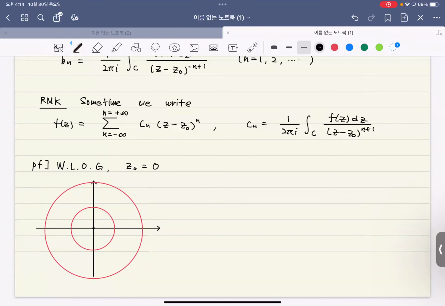Now choose any point in the annulus. This is my z.